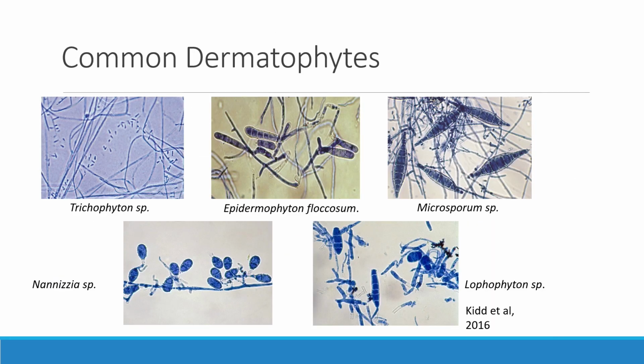Here we have a brief overview of some of the more common species of dermatophytes that you will come across. So we have Trichophyton species, which for today's talk is the most important genus that we will go into. You then have Epidermophyton floccosum there in the middle, Microsporum species off to the right, and down the bottom left, Nannizzia species.